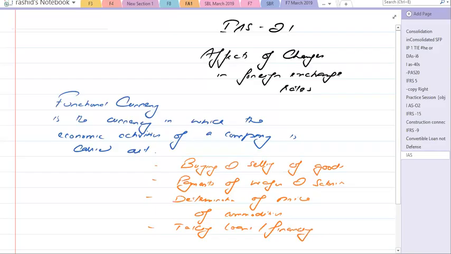So functional currency is the currency in which the economic activities of the company are carried out.